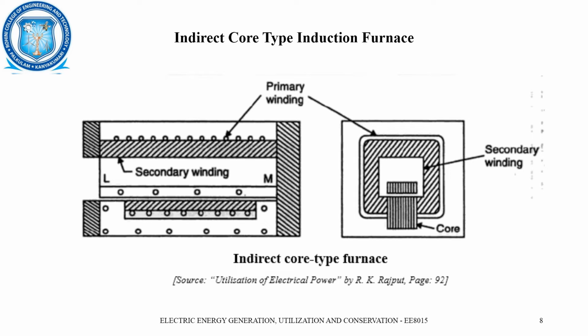This part is not touched by the core or the secondary winding. In such a case, we have the indirect core type of induction. When electricity is passed through, by transformer effect the flux linkage causes current to flow in the secondary winding, and this current flow is ready to melt the charge present.